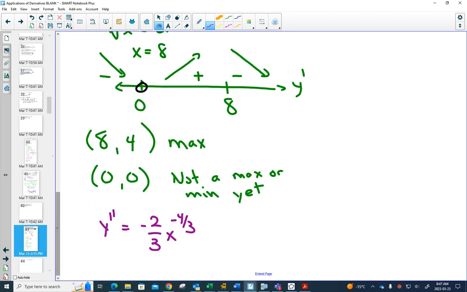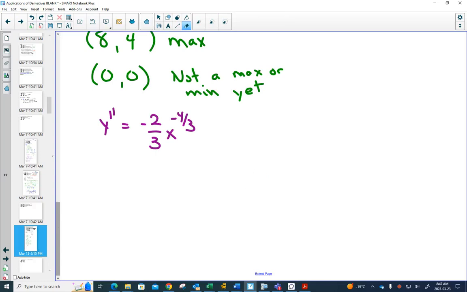So again, what does this mean? If we set this equal to 0, we would get negative 2 over 3, this x to the 4/3, that would be the cube root of an x to the 4. Move down to the bottom.